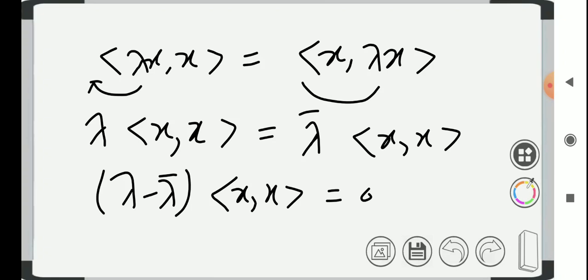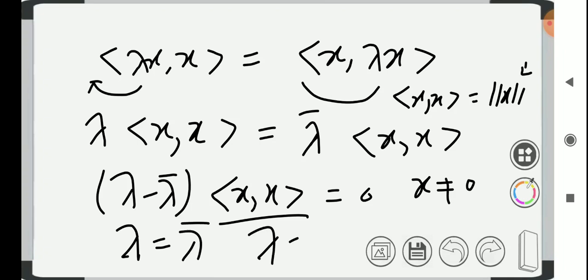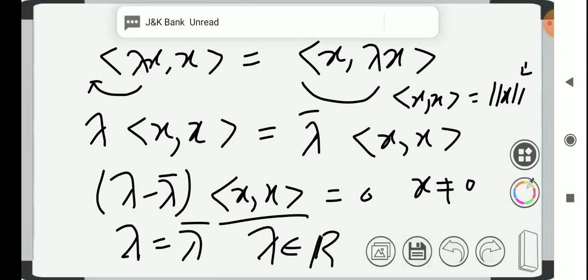But the inner product of x with x is simply norm x squared, and x is a non-zero vector, therefore this quantity cannot be 0. So lambda must be equal to lambda conjugate, which implies that lambda must be a real number. Therefore this is another property of the eigenvalues of a symmetric operator, that its eigenvalues are all real numbers.